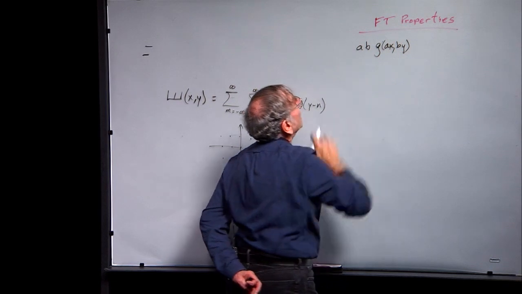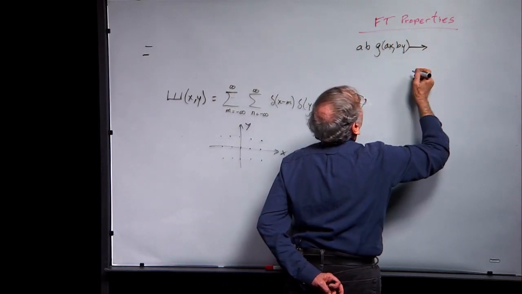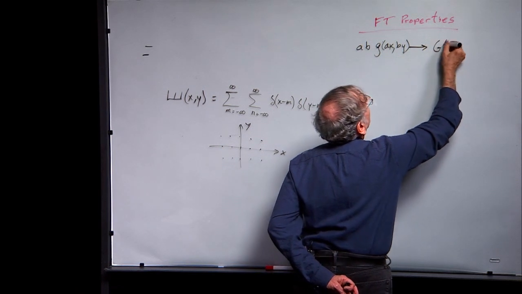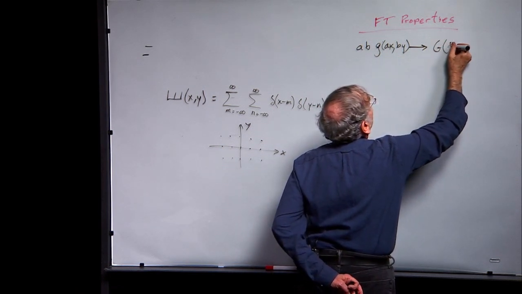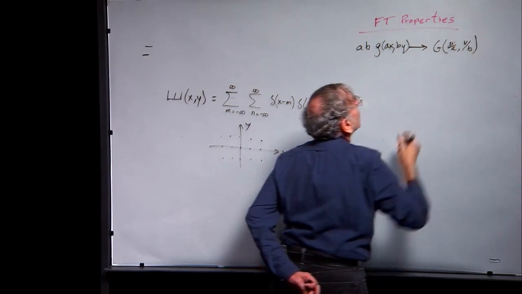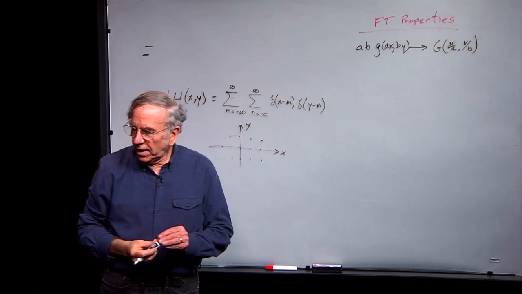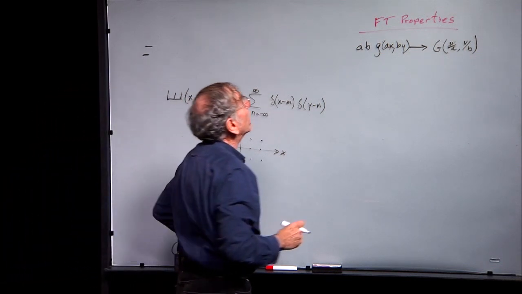So if a and b are large numbers, then this becomes very narrow in those places. That transforms to g of u over a, v over b. So just a generalization of what we saw there in 1 dimension.